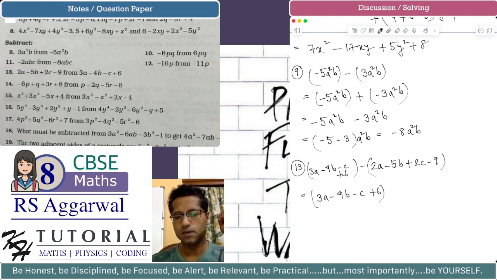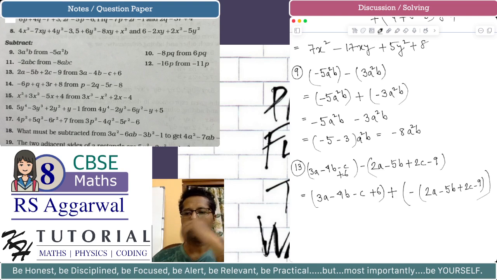So this will be this plus the additive inverse of the algebraic expression 2a minus 5b plus 2c minus 9. Additive inverse means we have to put a negative sign in front of the entire algebraic expression. So this is equal to 3a minus 4b minus c plus 6.